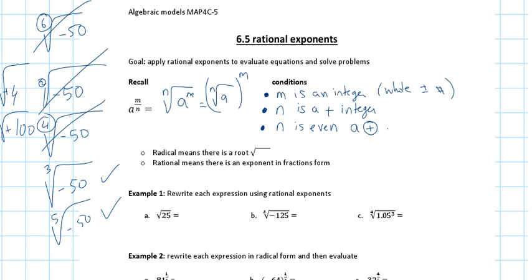It doesn't matter, it could be positive or negative, if n is odd. If n is an odd number, then it can be either positive or negative. It doesn't matter. Okay?